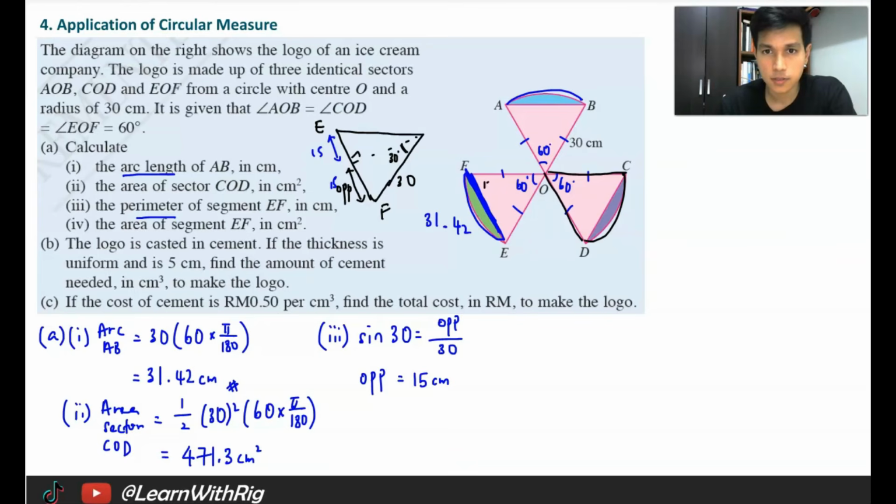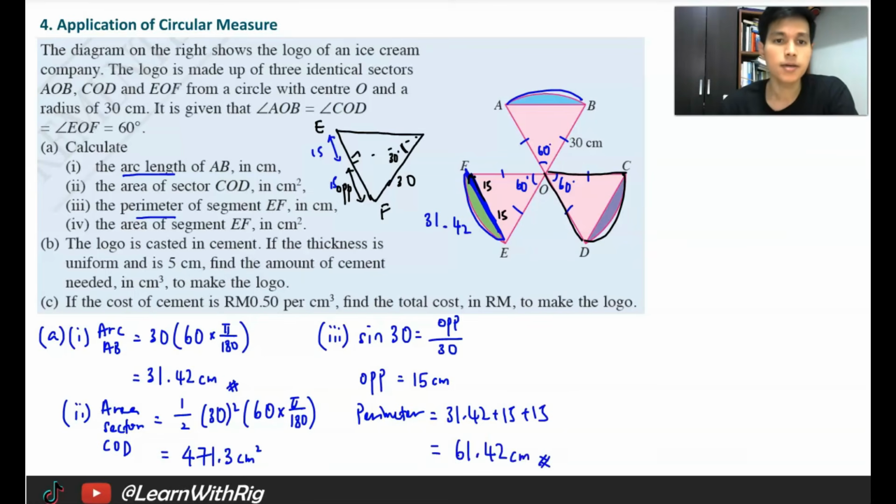Here is 15. Here also 15. Right? And then you want to find the perimeter. Okay, so perimeter is equivalent to 31.42 plus 15 plus 15. So your final answer is 61.42 cm.